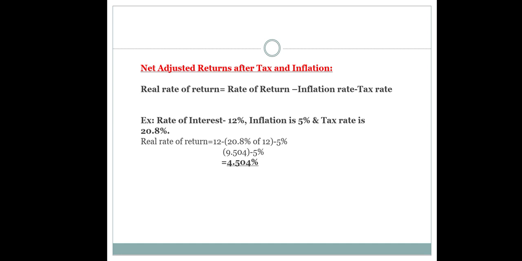So these are the various topics we discussed in earlier classes.